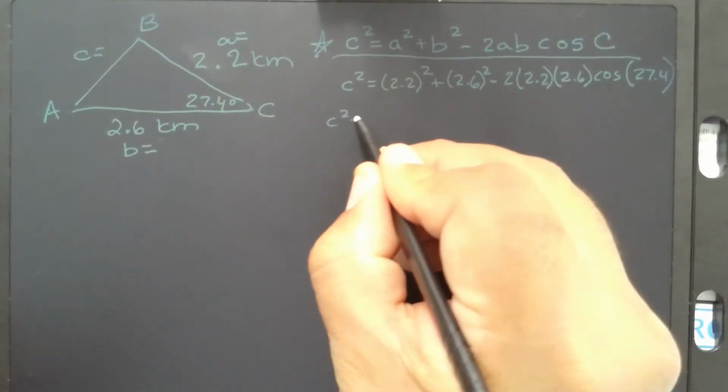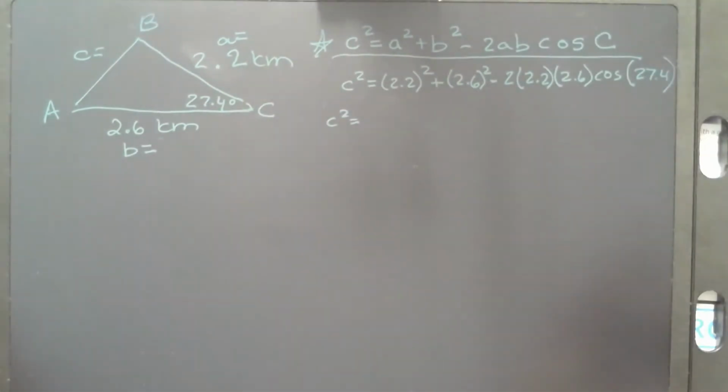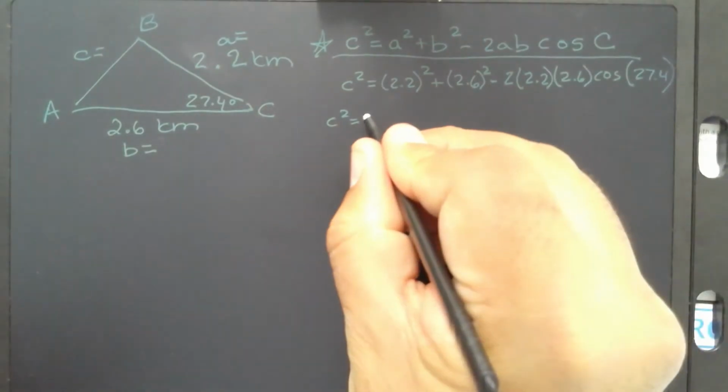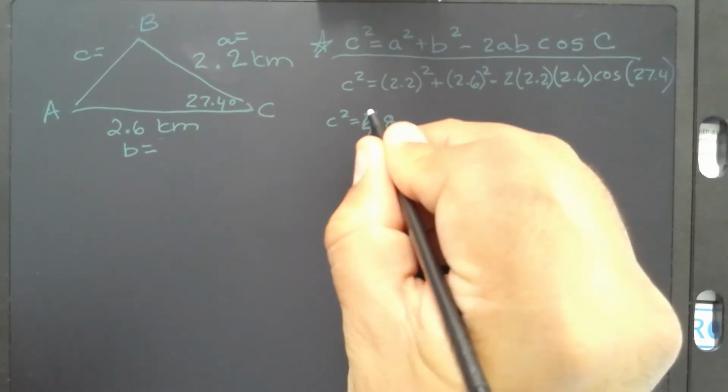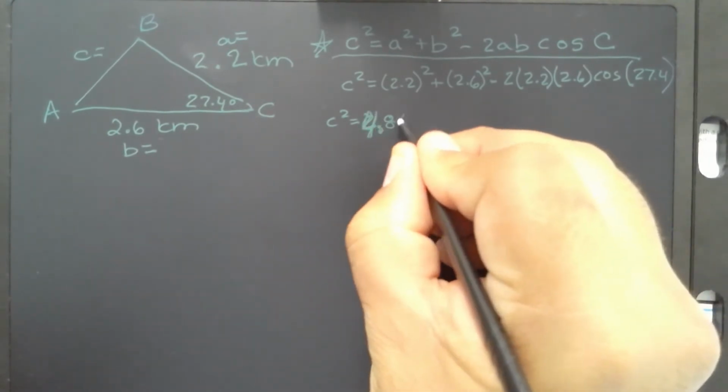So this is c squared. 2.2 to the second power is what? 4.84.